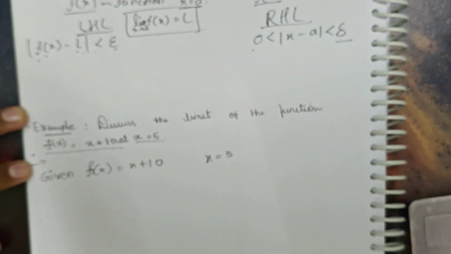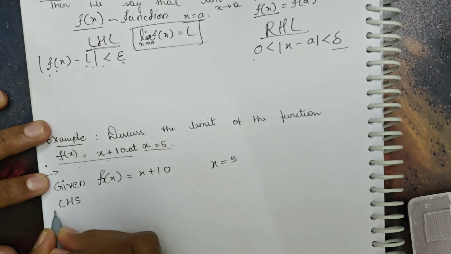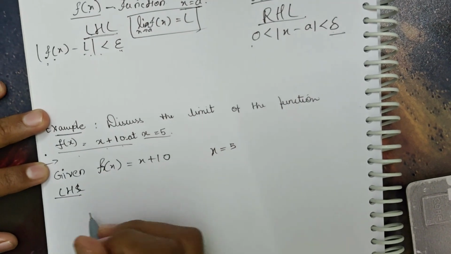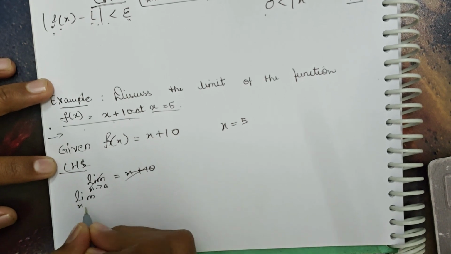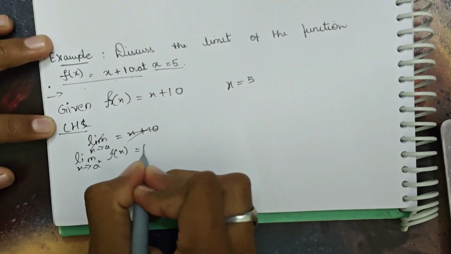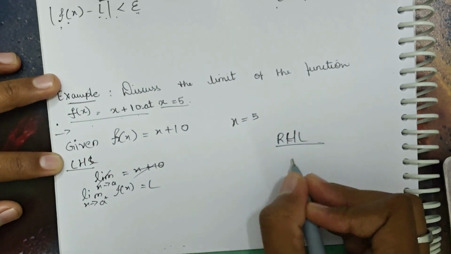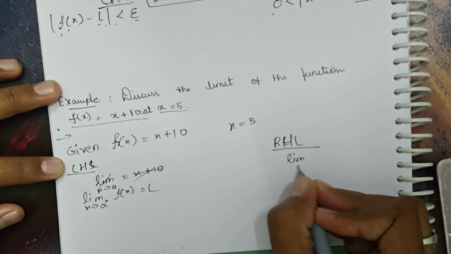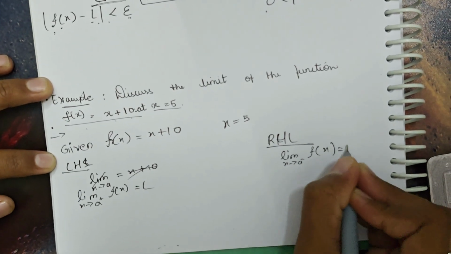So first take LHL: limit x tends to a minus of f of x is equal to L, and for RHL we have limit x tends to a plus of f of x is equal to L.